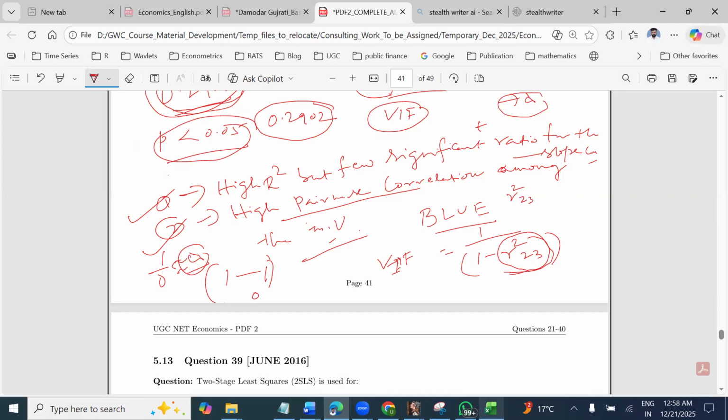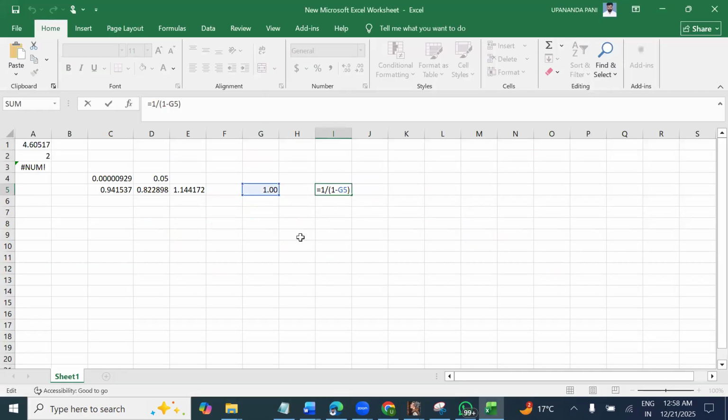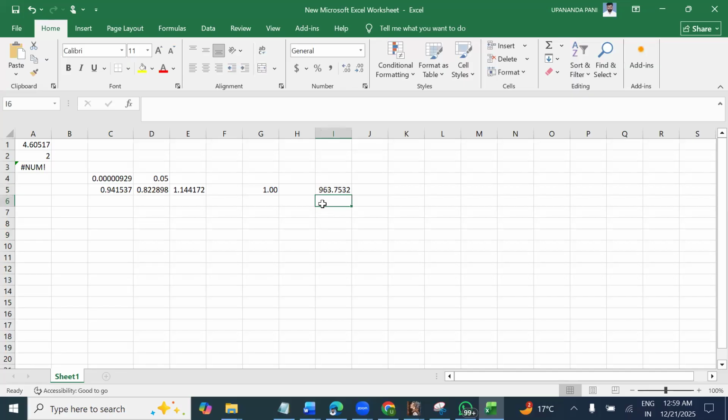Then we do 1 upon 1 minus 0.23, the correlation coefficient between x2 and x3, and we get 1.29. Can you see the difference? Yes, sir, a significant difference. The moment the correlation between x2 and x3 reduced, the VIF also reduced because of the formula.